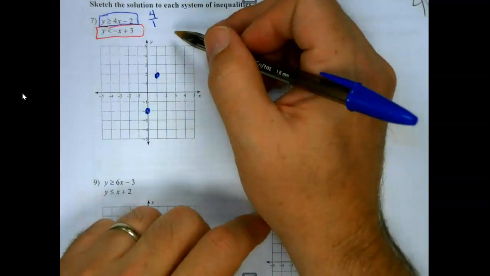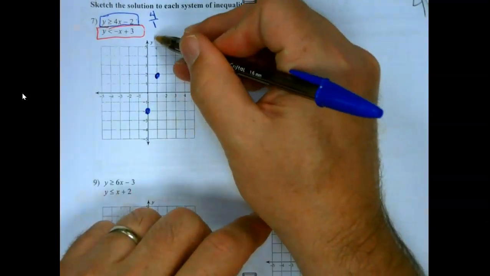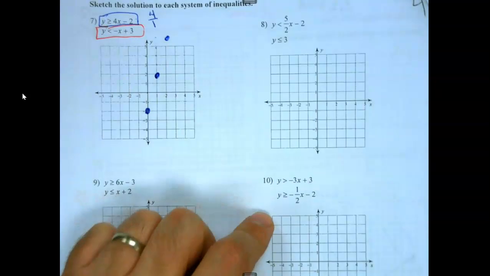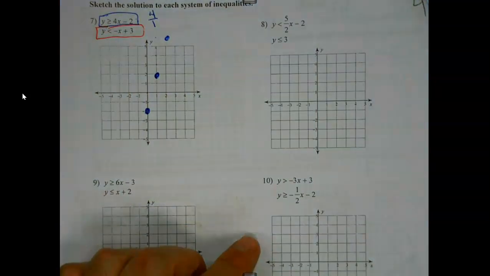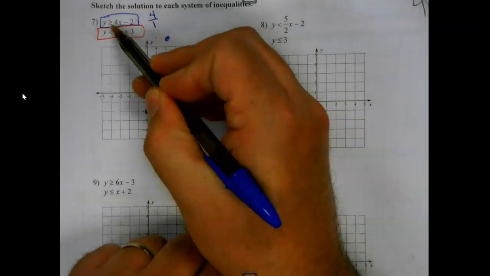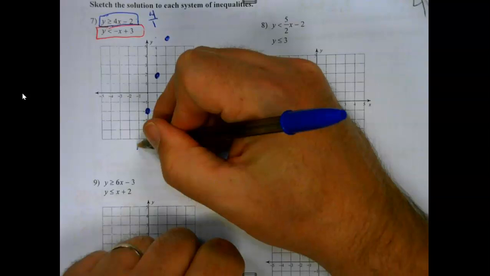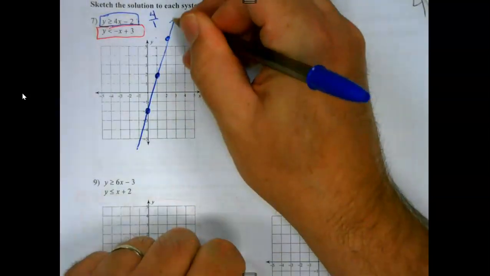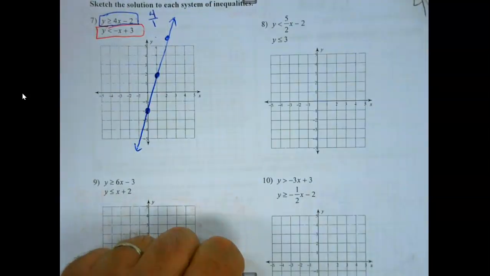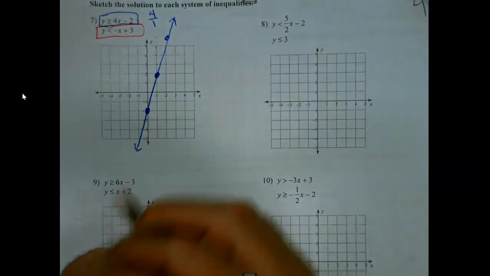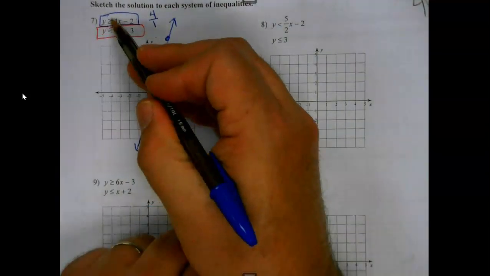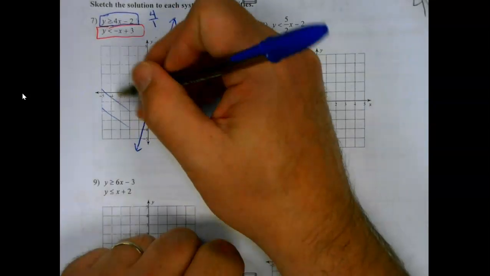If I want to wing it, I could wing it slightly off my graph. And again, I go looking for those same details that I've looked for in the other two we've done. Line underneath, it's solid. Y is greater than, the arrow is eating y, we shade above.